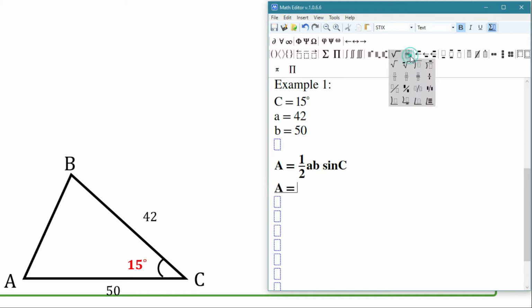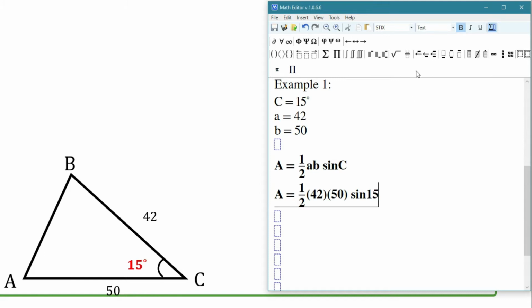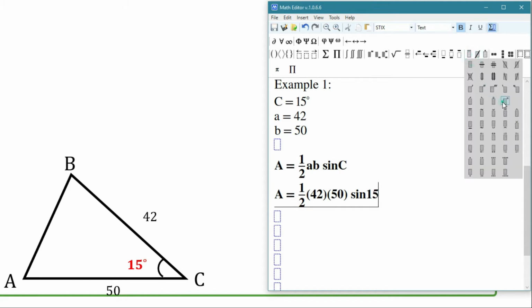So that is area equals 1/2 multiplied by, what is the value of A? Again, the value of A is 42. And then the value of B would be 50 multiplied by the sine of angle C, which is the sine of 15 degrees. Okay?